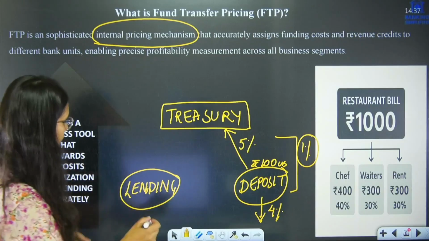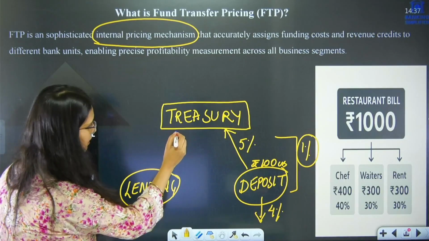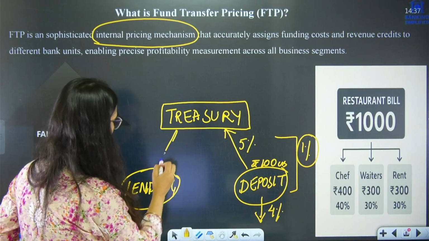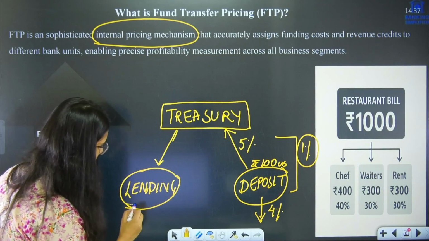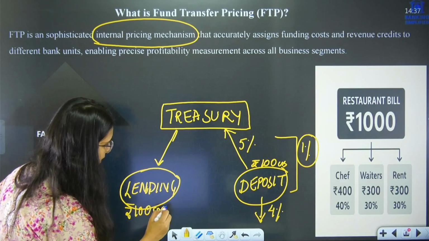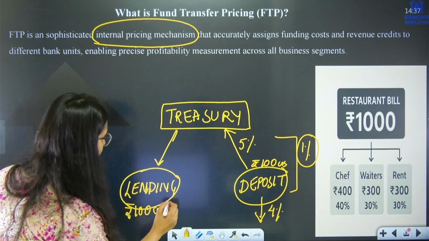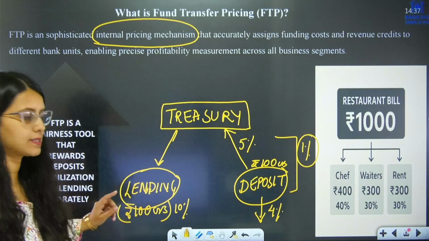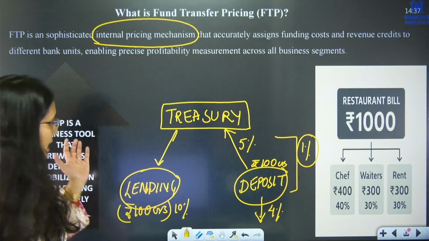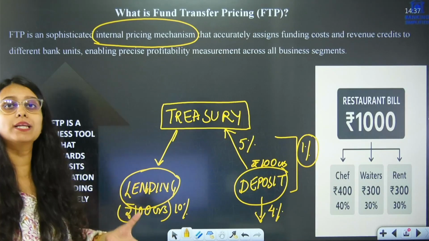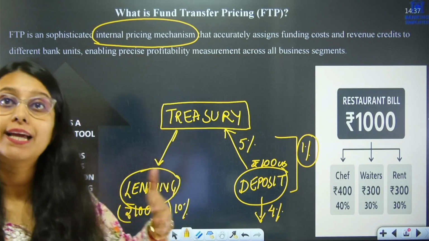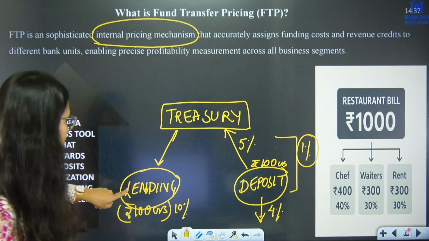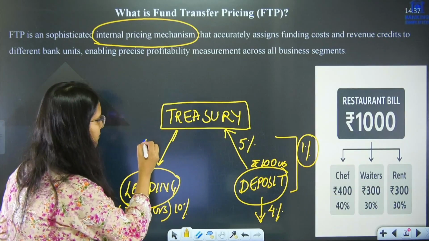Suppose they are lending rupees 100 crores at, let's say, 10%. Now, when this lending unit has to lend, it will need to get funds from somewhere. So, it will get funds from where? The Treasury. Treasury is going to lend funds to this unit, let's say, at 5%.